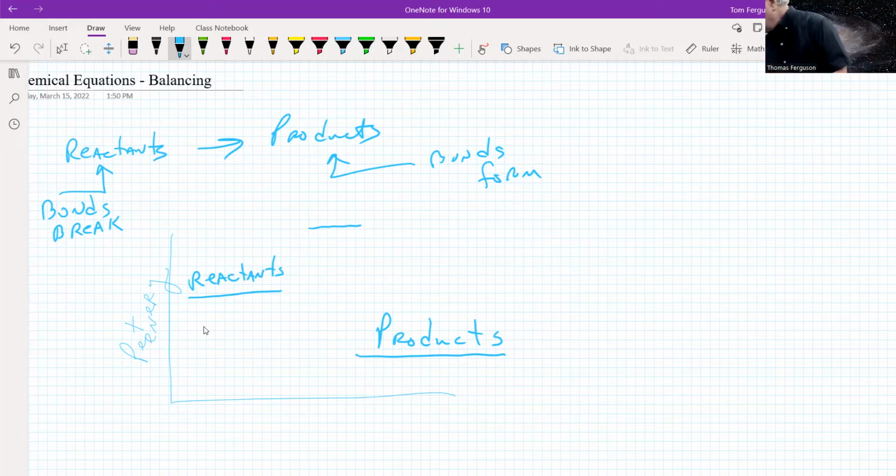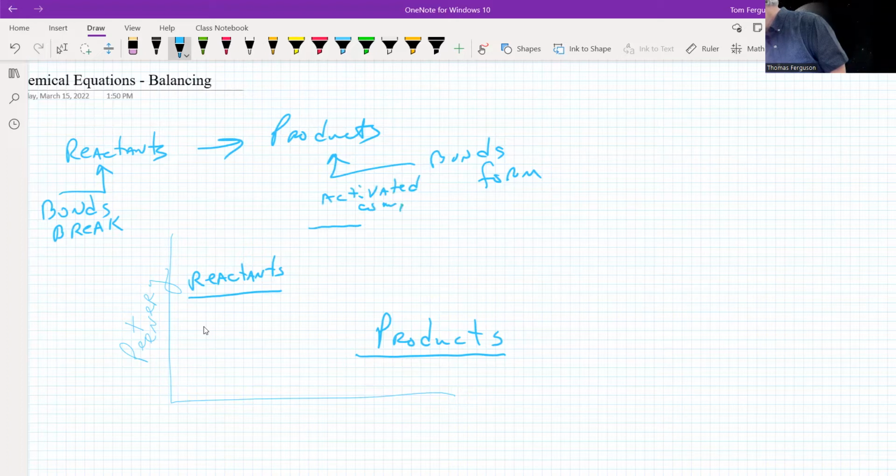That state is called the activated complex. And that's where everything is jumbled together, where all the atoms are free from the original structure. And then two things happen.